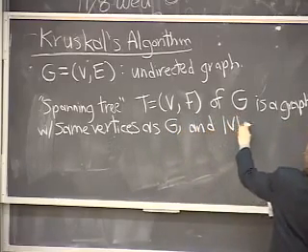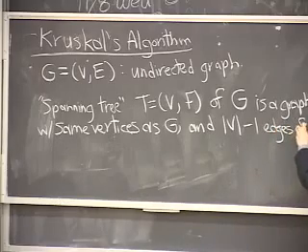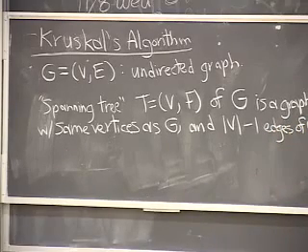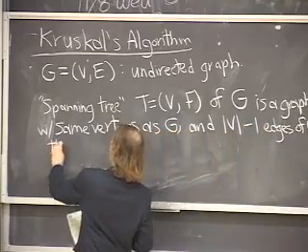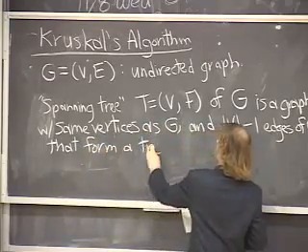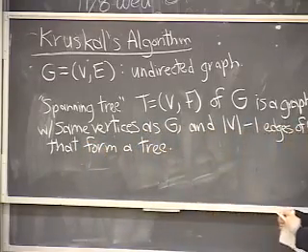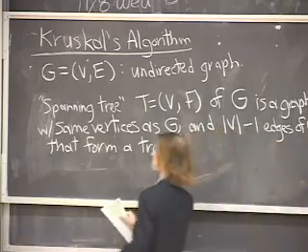And normally it has V minus 1 edges of G, because that's how many edges it takes to connect V vertices together into a tree. Now, that's the usual case, but there's a special case, because the graph that we started out with might not be connected.